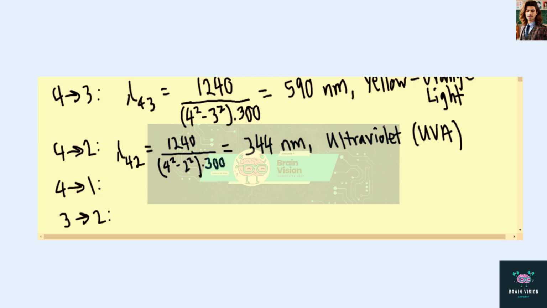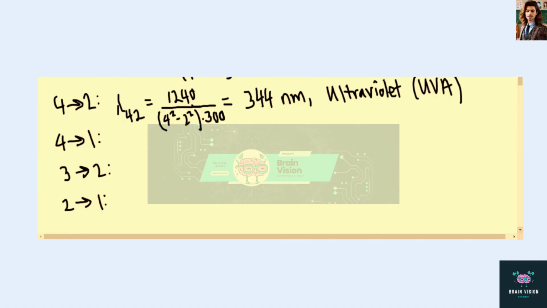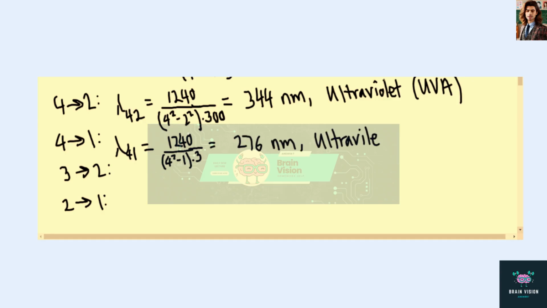And then for 4-1, we have 1240 over 4 squared minus 1 times 0.3, and we get, again, ultraviolet. I'm sorry, I had it backwards: UVC has shorter wavelengths than UVA. UVA is actually closer to visible light, and UVA ends at 400 nanometers. UVC is the one that's farthest out and actually more dangerous, and UVB is right in the middle between UVA and UVC.